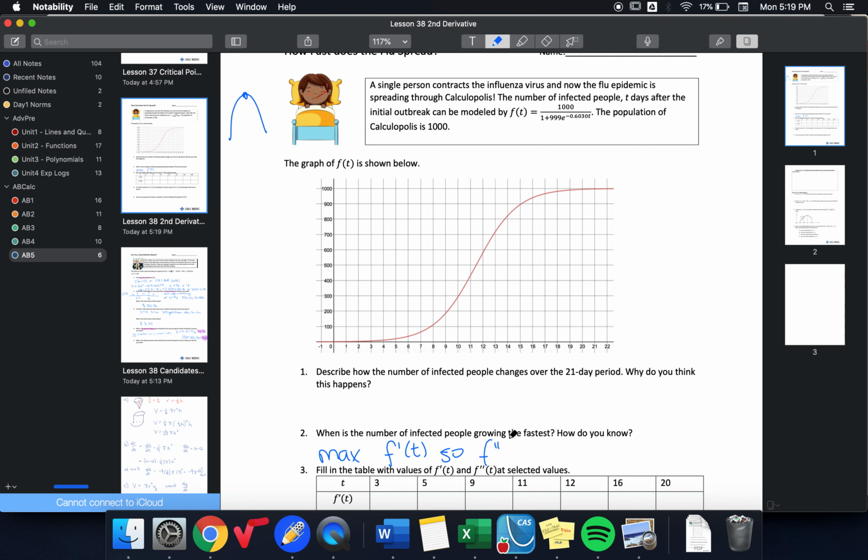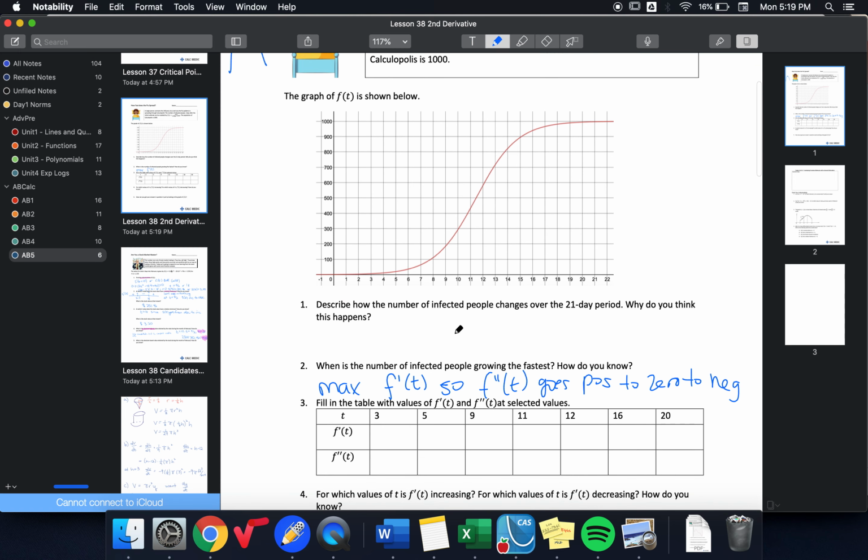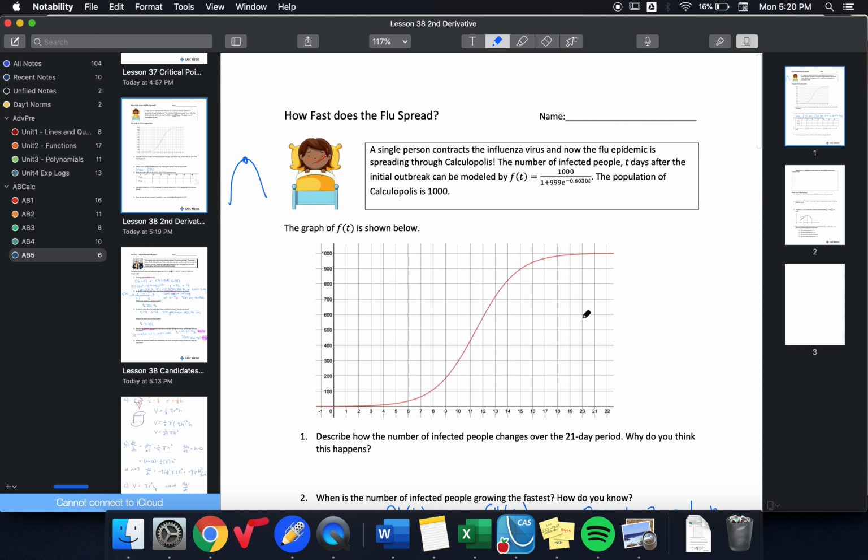So f double prime of t goes from positive to 0 to negative. To find that, I would want to find second derivative values.